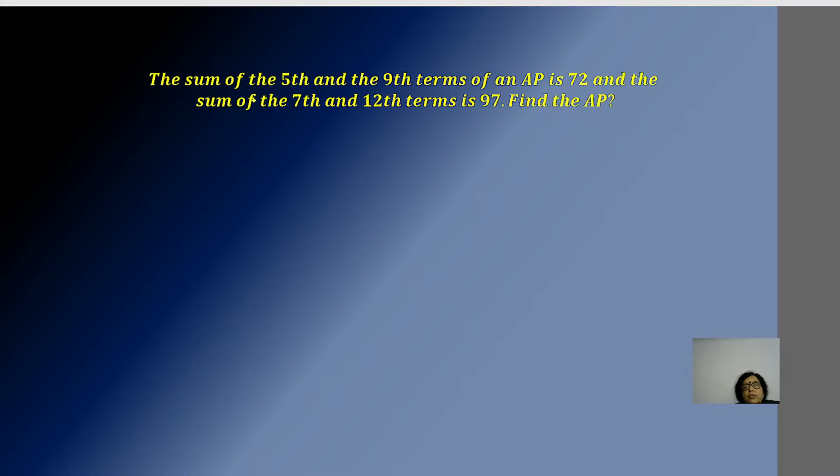Next question is the sum of the 5th and 9th terms of an AP is 72 and the sum of the 7th and 12th terms is 97. Find the AP. That means A5 plus A9 is equal to 72 and A7 plus A12 is equal to 97. Quite similar to the previous one.